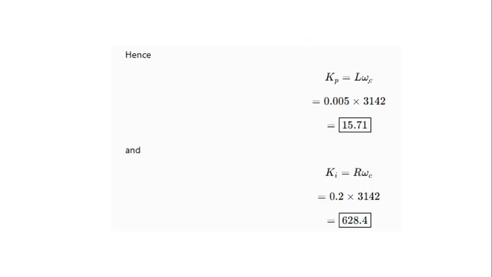Using this, Kp is L omega C. We consider L as 0.005, omega C we got, then we got Kp as 15.71.